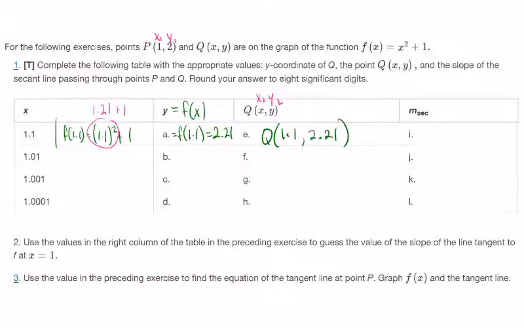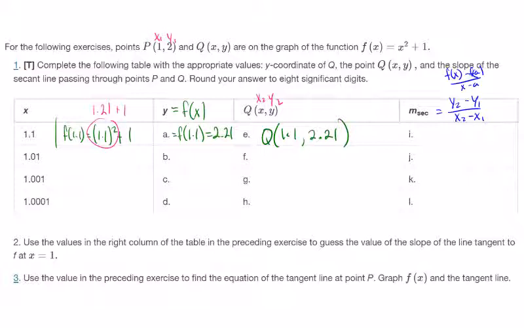Remember, this formula works with any points. So it's going to be y2 minus y1 over x2 minus x1. You could also think of it as f of x minus f of a over x minus a, if you want to think of it that way.